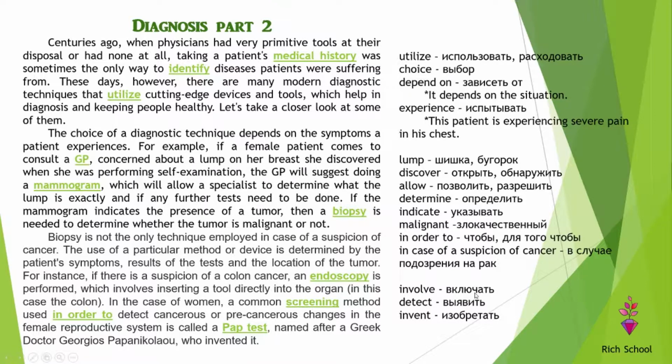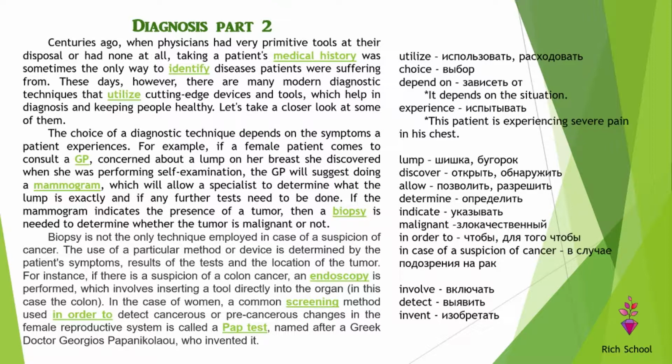Involve — это включать, например, что-то включает какие-то процедуры, да? This involves some procedures. Detect — выявить, как детектор лжи. Да, мы знаем, детектор лжи, это такой аппарат, который выявляет, что вы врете или не врете.